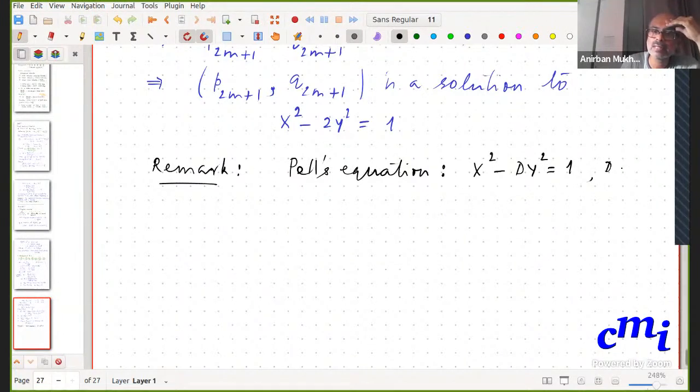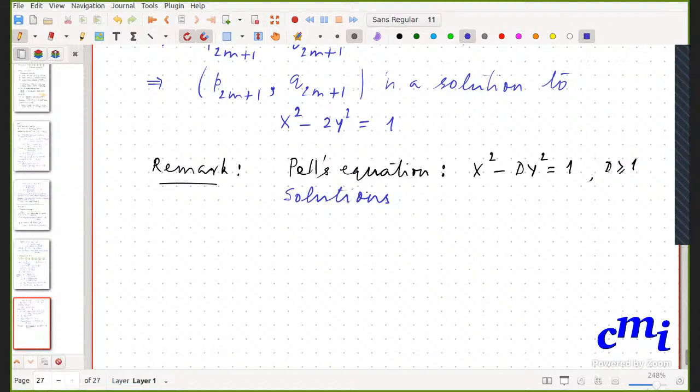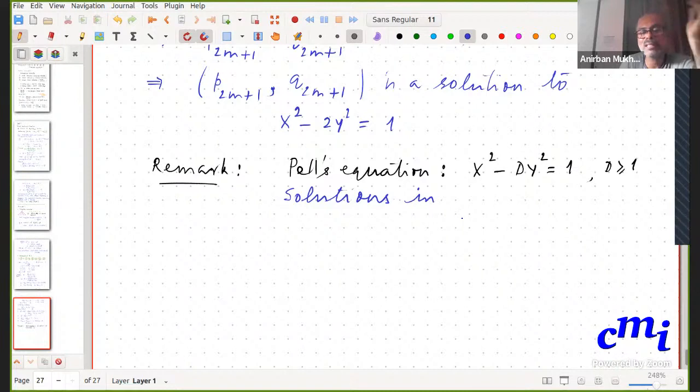So D is generally greater than or equal to 1. In fact, strictly greater than 1. What we are looking for is solutions in integers. And D should be a non-square integer. Yeah, exactly, because if it is a square, then you are essentially down to x square minus y square.